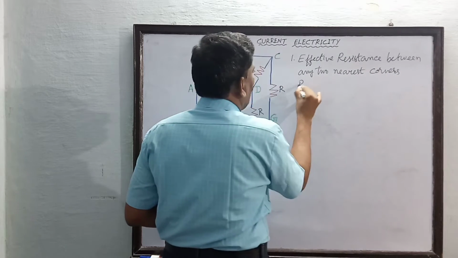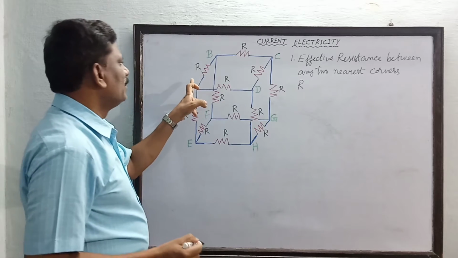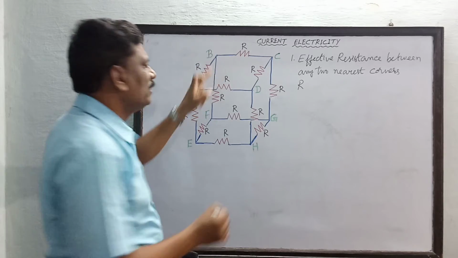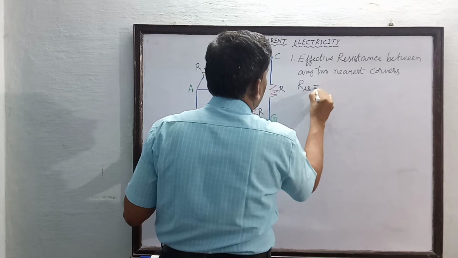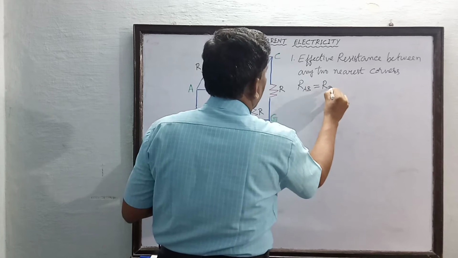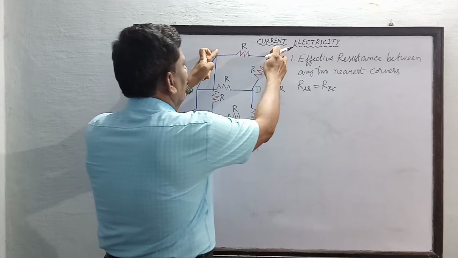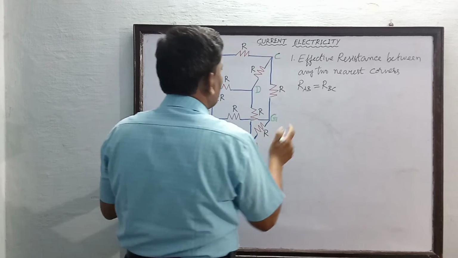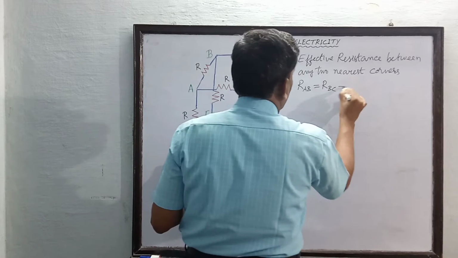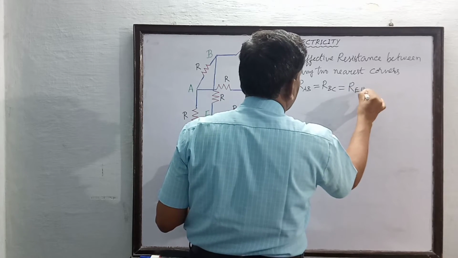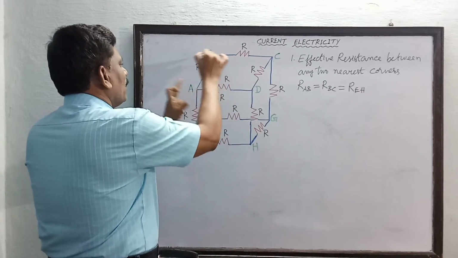Say for example, R, the resistance between A and B. So this can be called the nearest corners. So R_AB is equal to R_BC, the effective resistance between B and C. Or you can take A and D, E and H. One more example, E and H, like that, any two nearest corners.